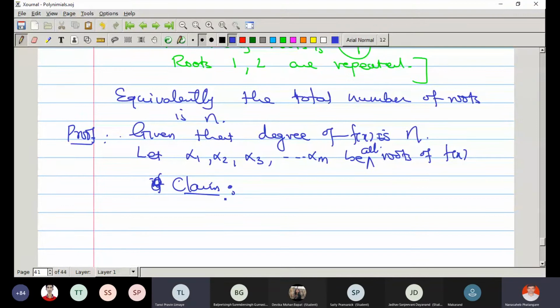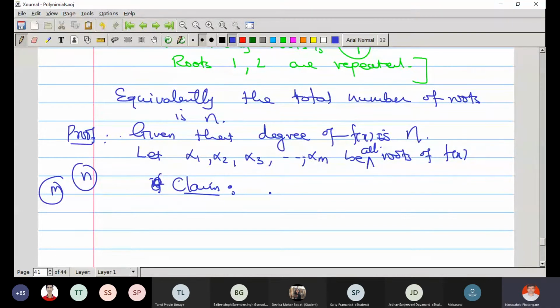M numbers. And the degree is n. Our claim is that the number of roots cannot be more than the degree. That means m is less than or equal to n.